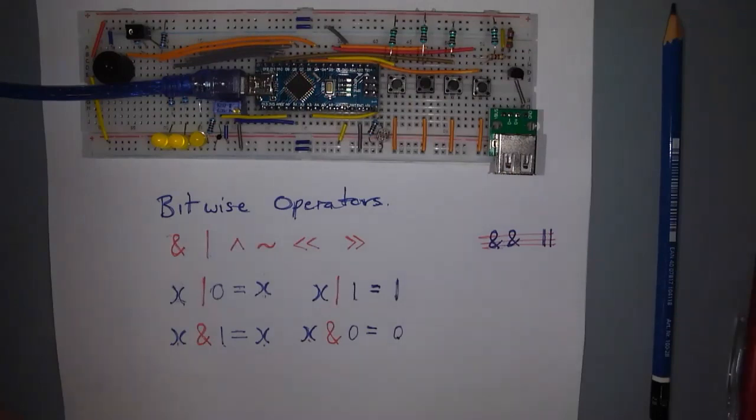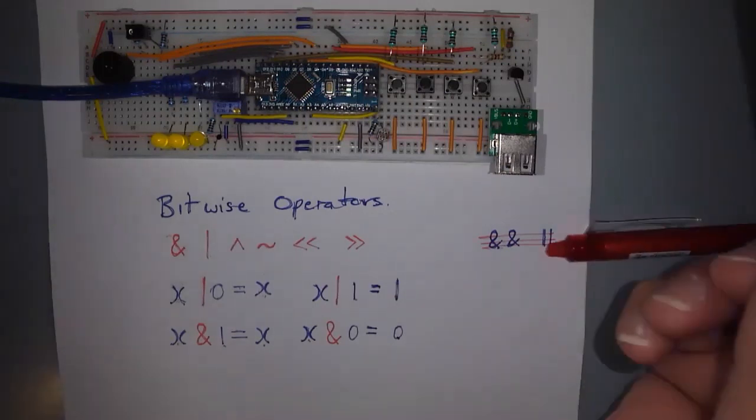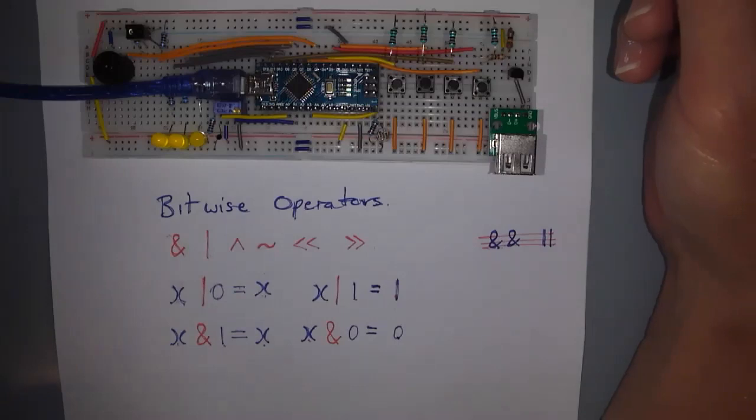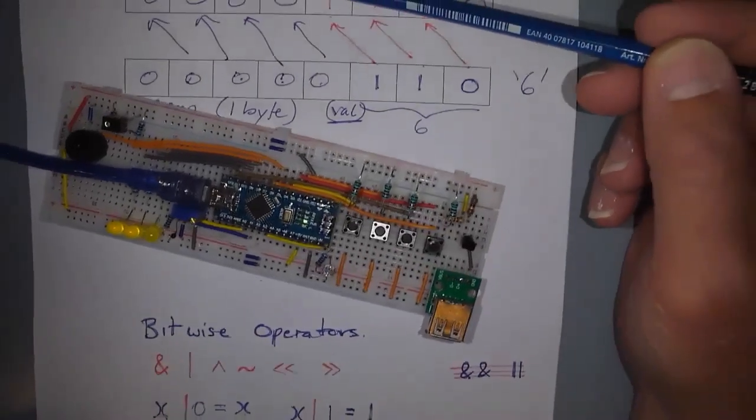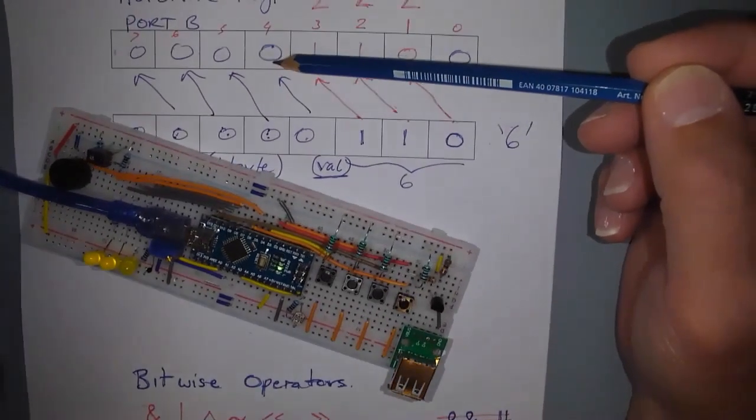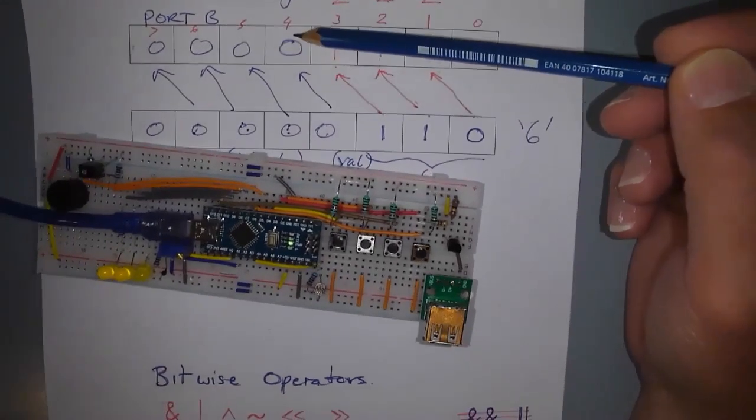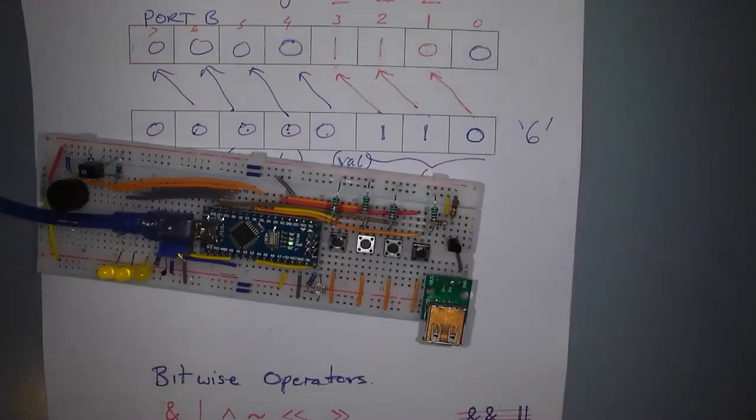Now, when a pin is configured as an input and we want to turn on the pull-up resistor, what we do is we write that particular bit into the output register, port B. So if I want my switch, which is on B4, when one of my switches is on B4, if you look at it over here in the simulator, we've got a switch on B4, and it is the third switch.